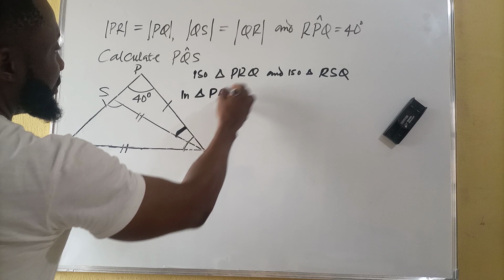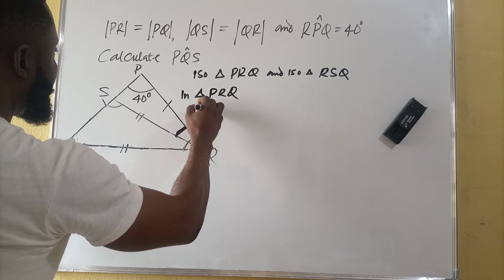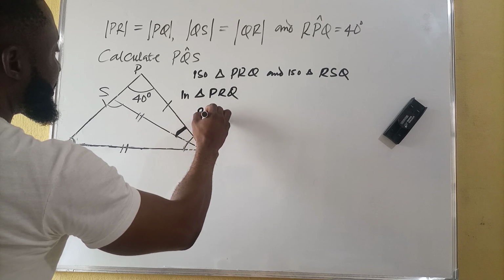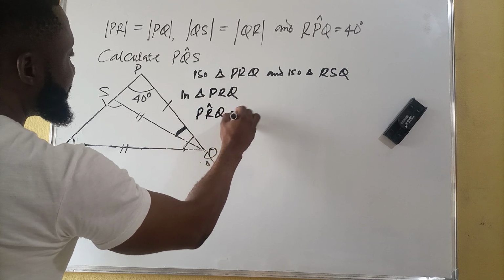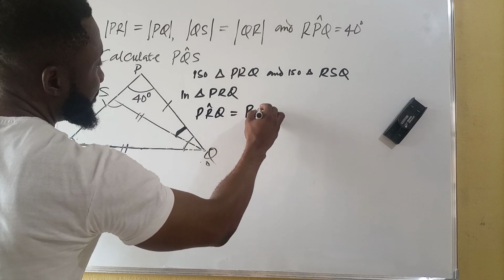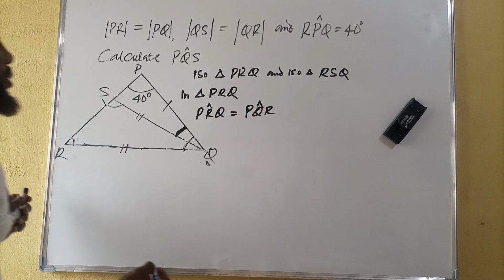So I am going to say in this, the base angles are equal. So PRQ is equal to PQR, this angle. So both of them are equal.